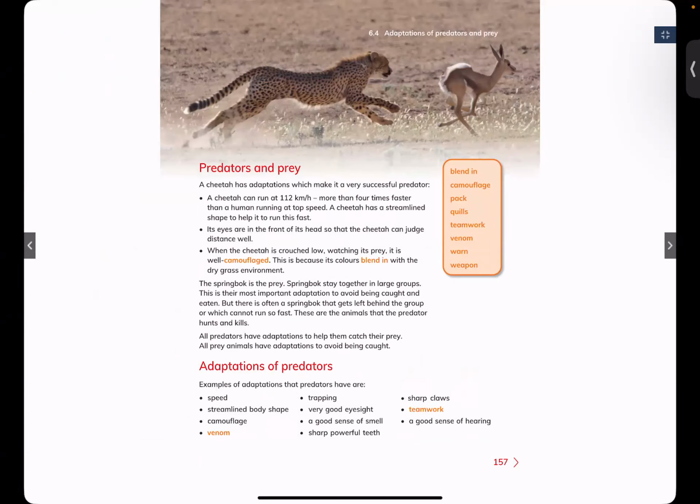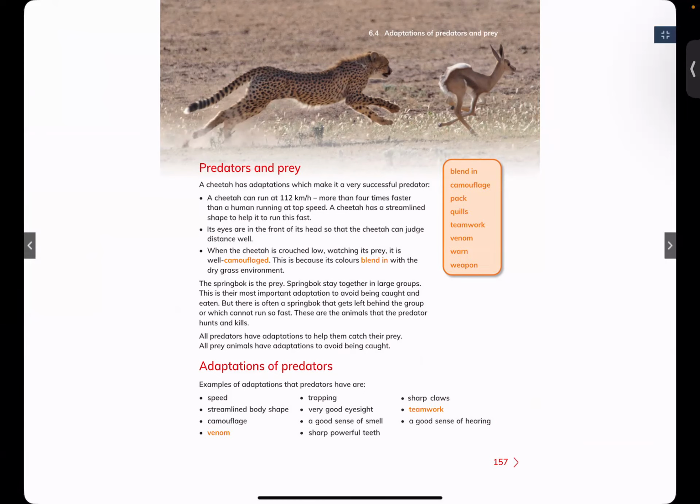Here, see that the cheetah is a predator, and the prey is springbok. So, what are the adaptations? Cheetah is a fast runner. It has a streamlined body so that it gets less obstruction, and it has both eyes in front so that it can see the prey and attack it.